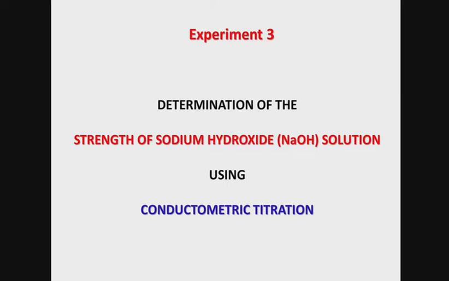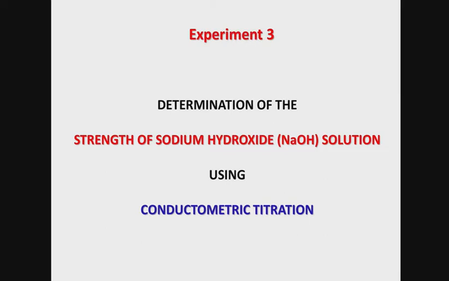and we are going to carry out a titration against hydrochloric acid solution or oxalic acid solution to determine this unknown strength. In this particular experiment, we are going to use oxalic acid solution.